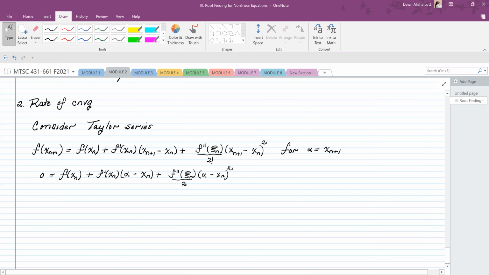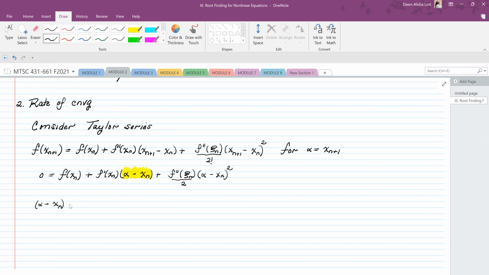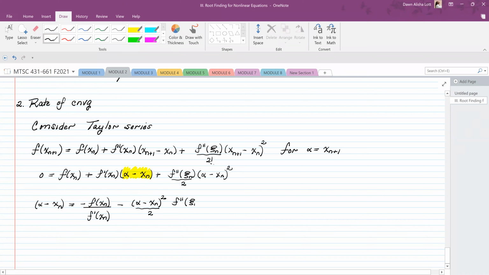When I solve for alpha minus xn, I'm going to get minus f of xn divided by f prime of xn, and then I'm going to get minus alpha minus xn squared, over 2, times f double prime of cn divided by f prime of xn.